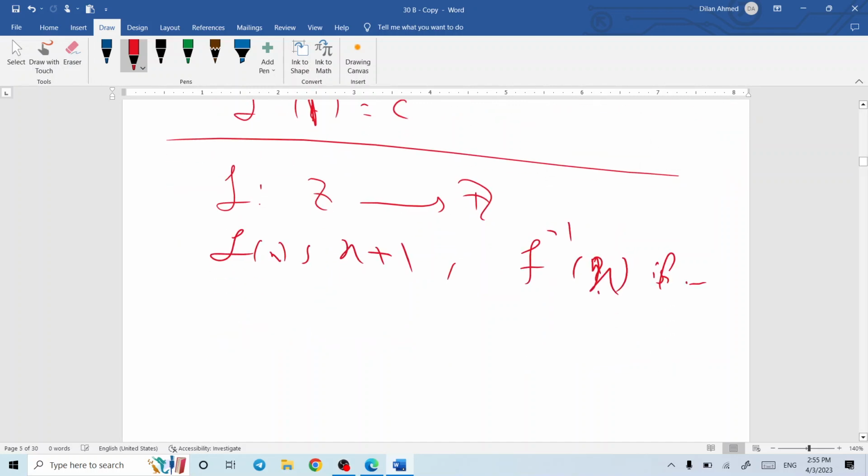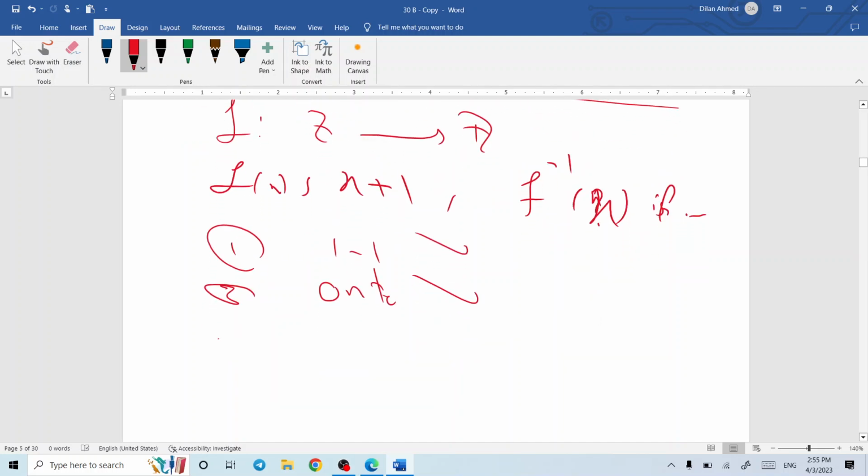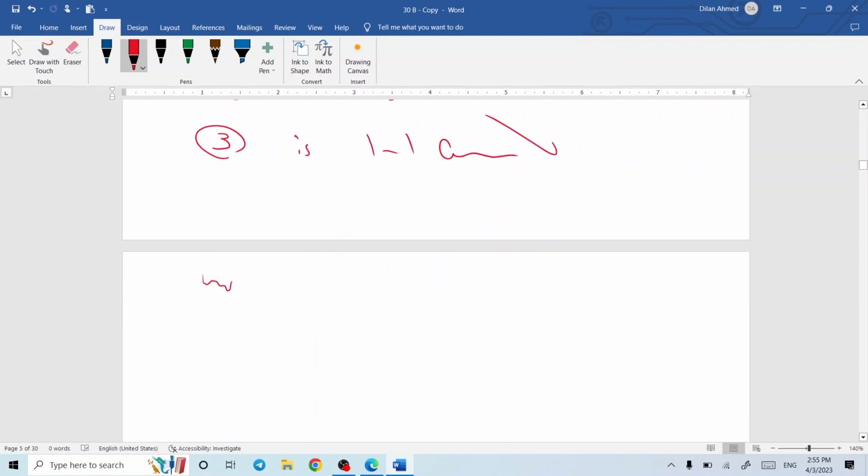Now I'm going to check one-to-one. Yes. Then check onto. Also yes. Now you can say number 3: it is bijective, or a one-to-one correspondence. Yes. Now number 4, I'm going to solve like that.